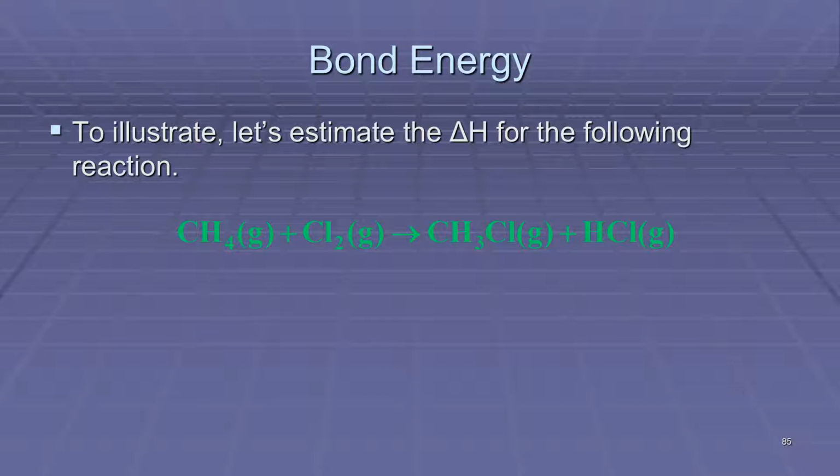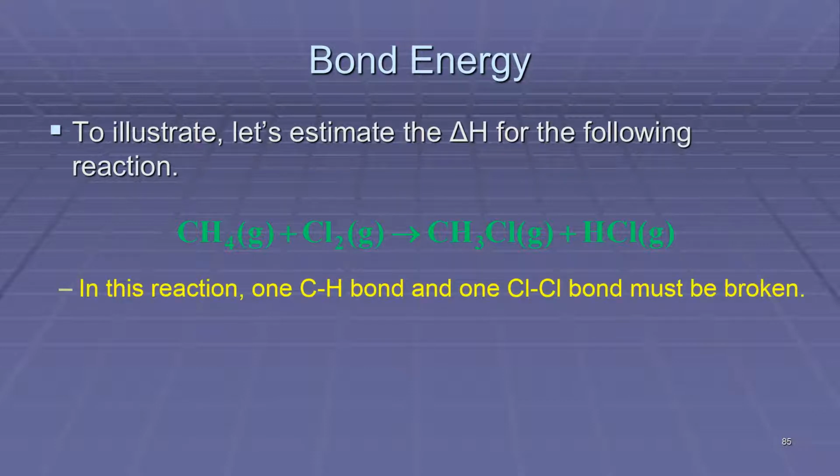Okay, so if you look at the reactants, you can figure out all the bonds that are broken. Note that we have 4 C-H bonds and a Cl-Cl bond. And the products, you could sum together 4 C-H bonds and 1 C-Cl bond.